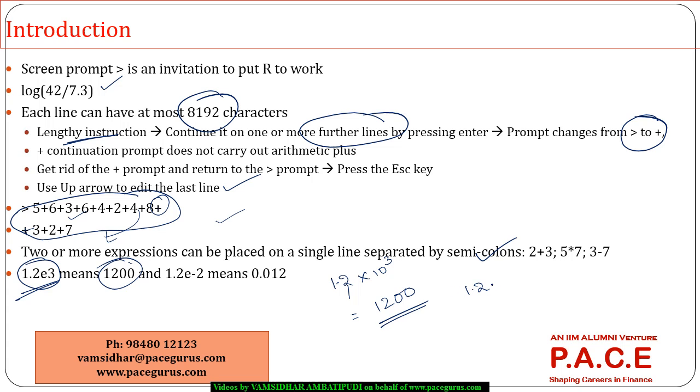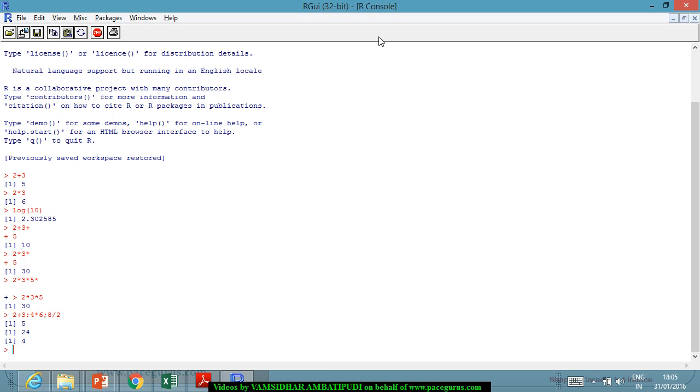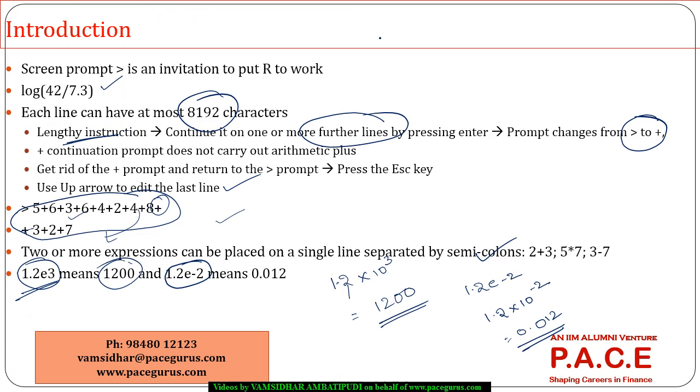Similarly, if it is written 1.2 E minus 2, it is 1.2 into 10 to the power of minus 2, which becomes 0.012. So we have to be comfortable when R gives us the solution in this form. Some of the very basic arithmetic you can work out, it works like a calculator only.